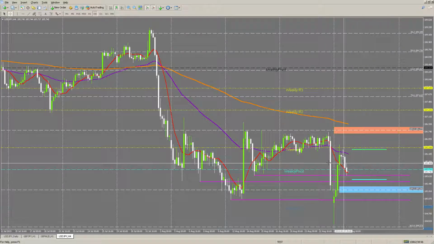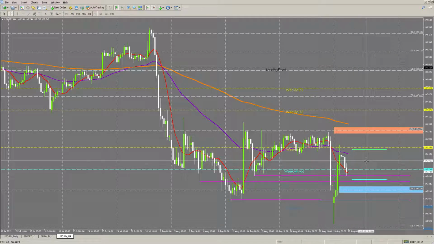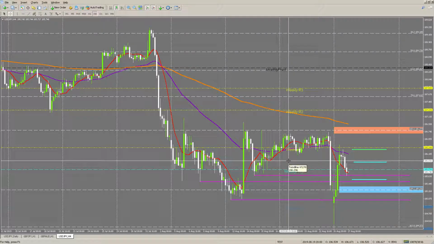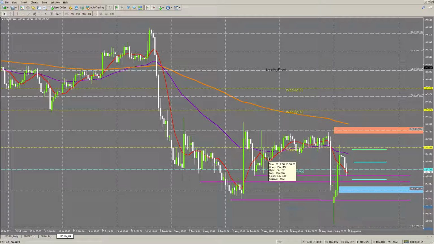We will probably need to find an intermediate target. And this potential swing low here, 106. So 106 could be a good round figure as a target.